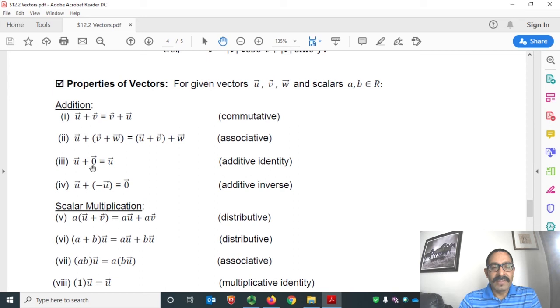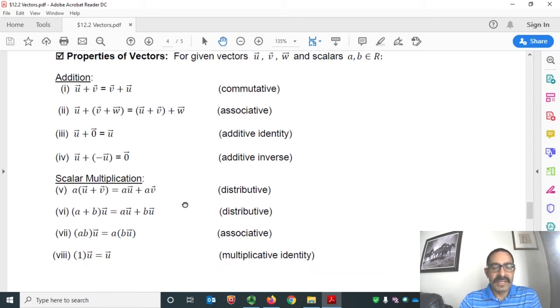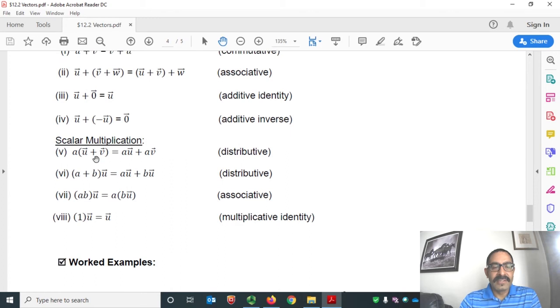The 0 vector is an additive identity. And for the additive inverse, if I add a vector and its negative, it gives me the 0 vector. Scalar multiplication: the scalar is distributive over the sum. For the sum of the scalars, I can distribute over the vector again.